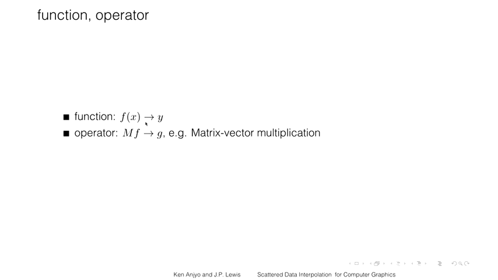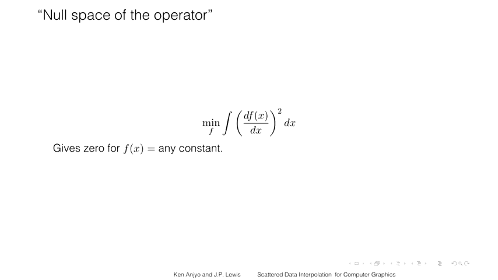Now, a bit of useful terminology. A function means something where you give it a number, it gives you back a number. An operator is something where you give it a function and it gives you back an entire function. So the derivative is an operator. You give it a function and it gives you back the derivative of that function, which is an entire function itself. There's a concept of the null space in linear algebra.